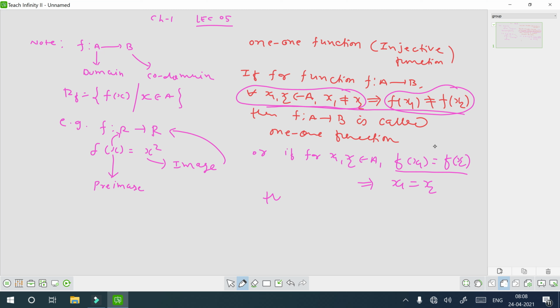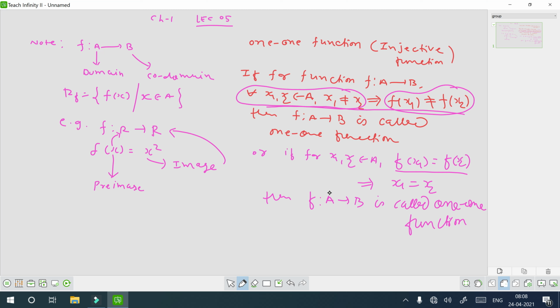Then f from A to B is called a 1-1 function.